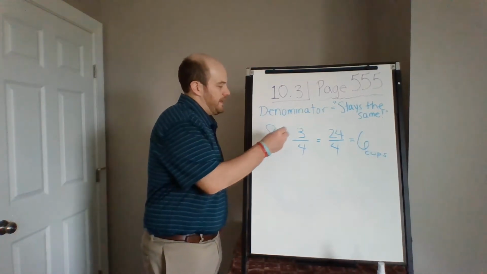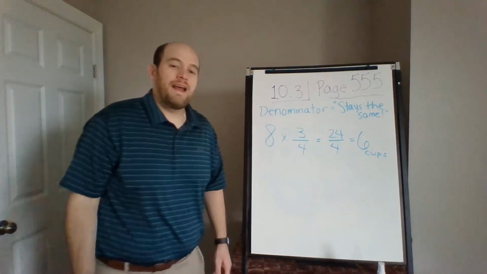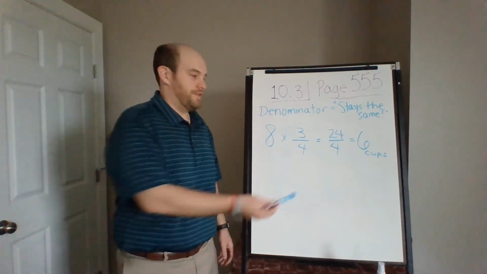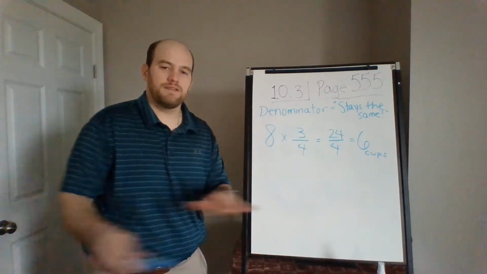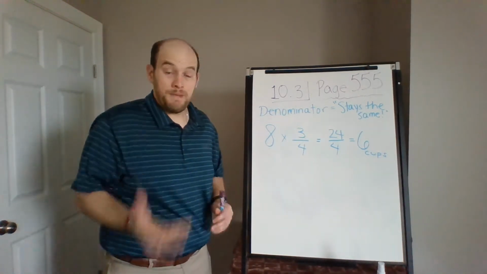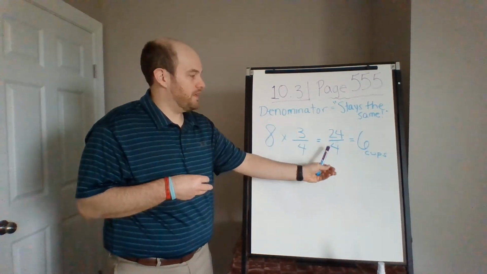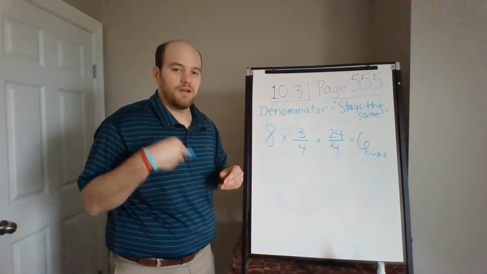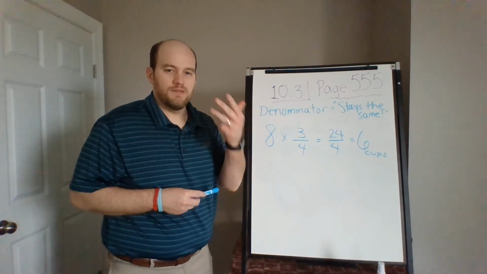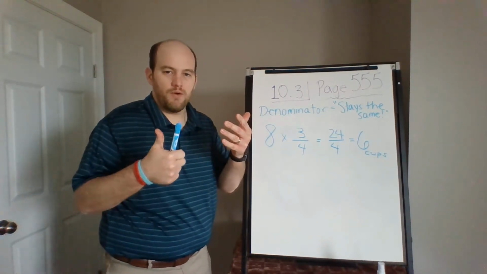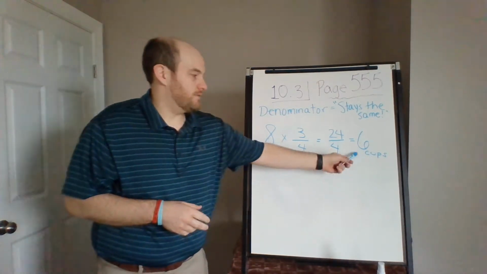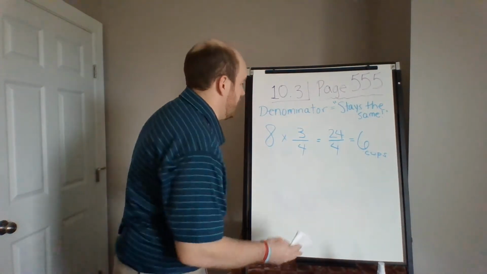Then I did 8 times 3, which equals 24. Because it's an improper fraction, we can't leave it as improper. We either have to make it a mixed number or a whole number. Luckily, it's a whole number right now. So how many 4s go into 24? 4, 8, 12, 16, 20, 24. So it was 6, and that's where we got our answer of 6 cups.